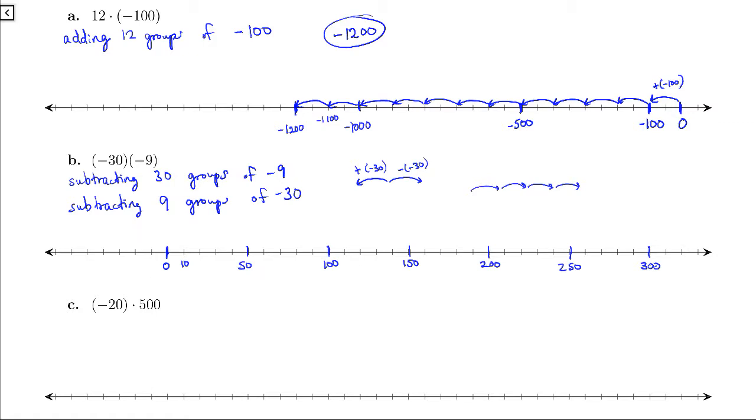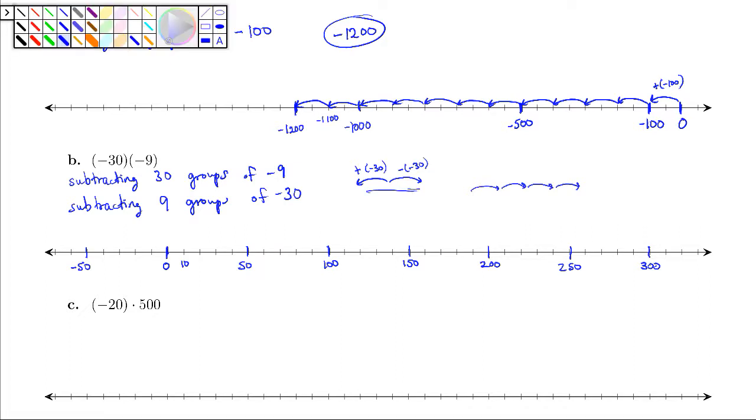Because I wanted to show, so there's negative 50. So I wanted to put this up there again. So if this is adding a negative 30, then this would be subtracting a negative 30.